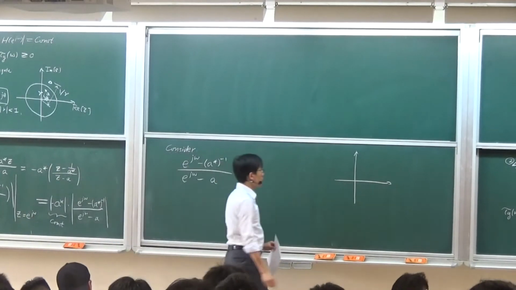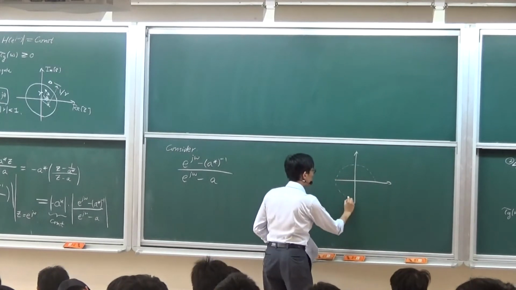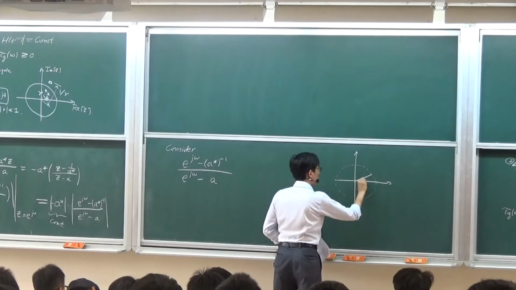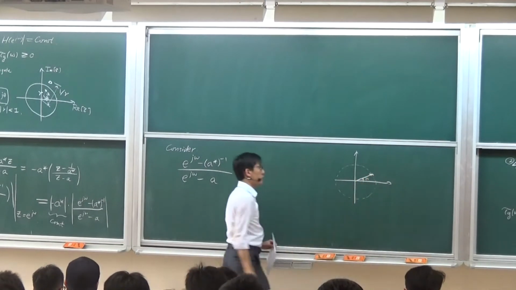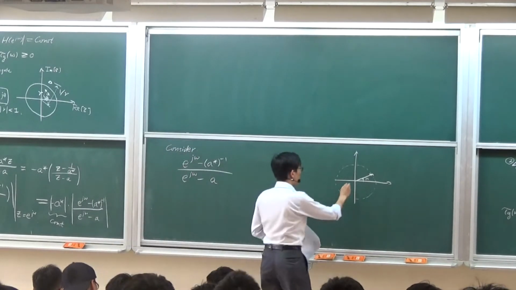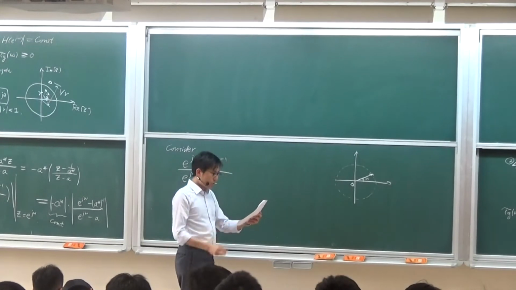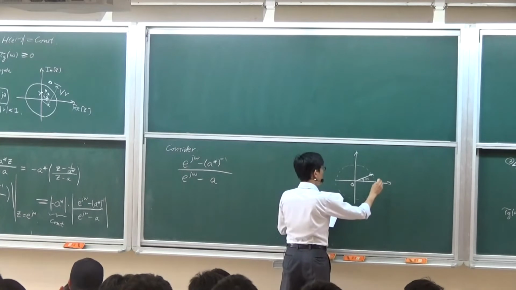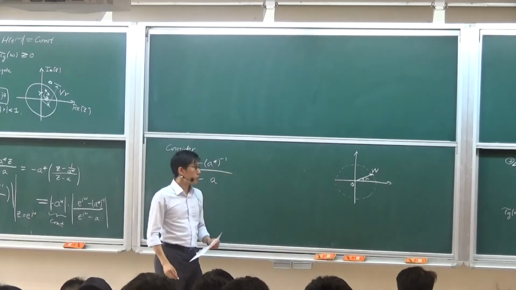What is e to the j omega? E to the j omega is a point on the unit circle. So let's say our omega is like this. This e to the j omega is a vector on the unit circle. Let's denote that point as W, point W on the unit circle.